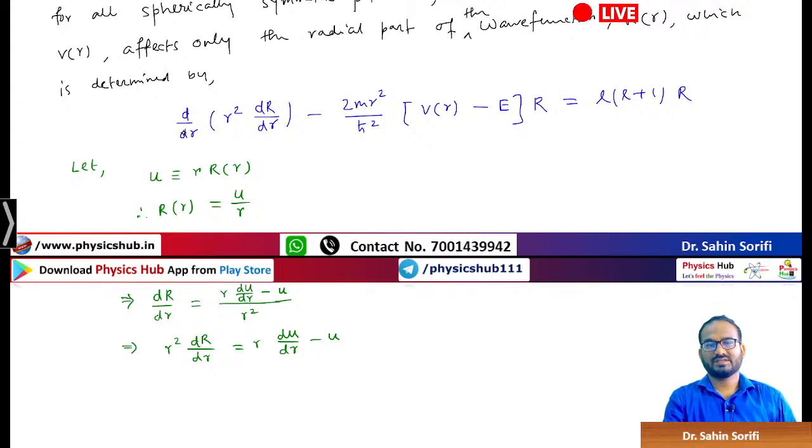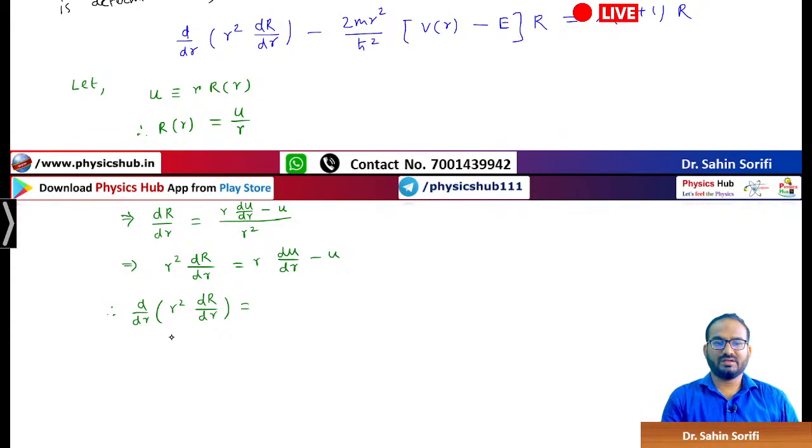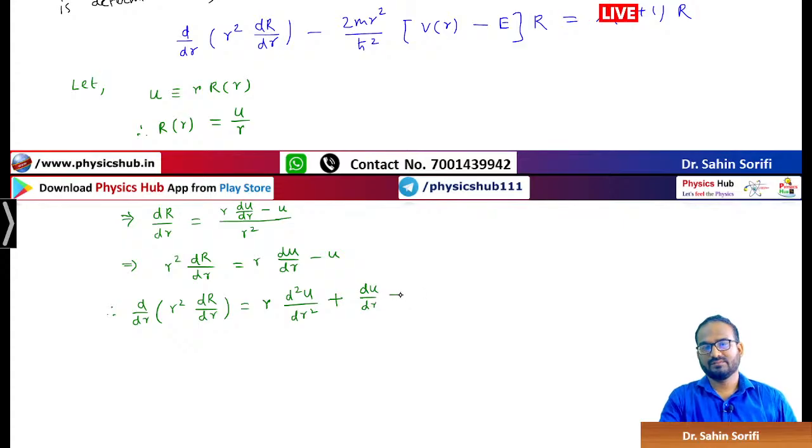Now we have to take the derivative with respect to r of this whole thing, d/dr of r squared dR/dr. I am doing it in very simplified steps so that you can understand. So you see r times d squared u by dr squared plus, if you take du/dr, so d/dr of r is 1, minus u, du/dr.